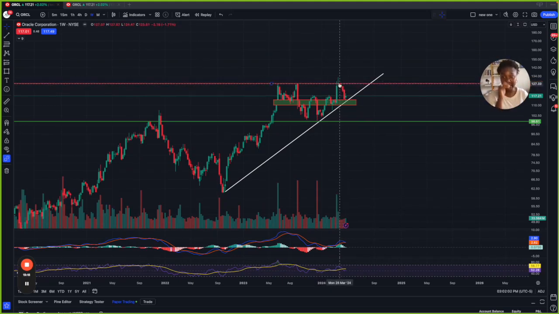It closed below it, because this week was a gravestone doji, and it closed at $127.79. And the level that I put here is 127.45. So if we see the high of this week, 127.54, the high over here, 127.42, right? So this 127.45, I feel great with it. Again, close there, boom, boom, boom.